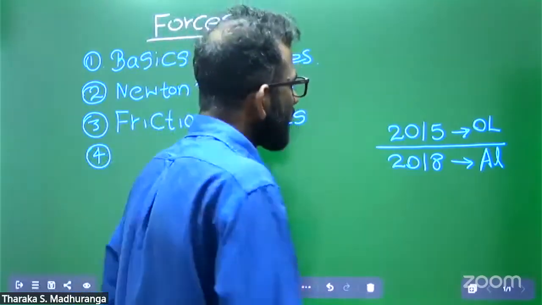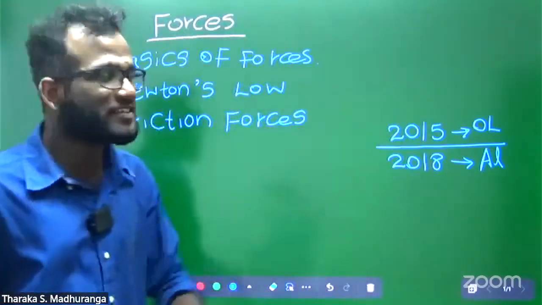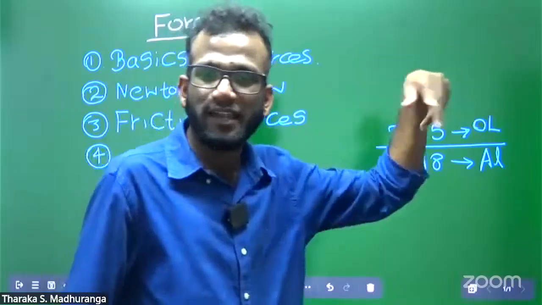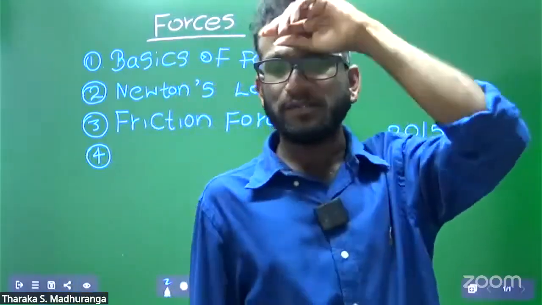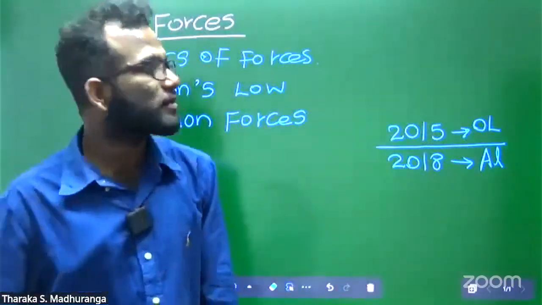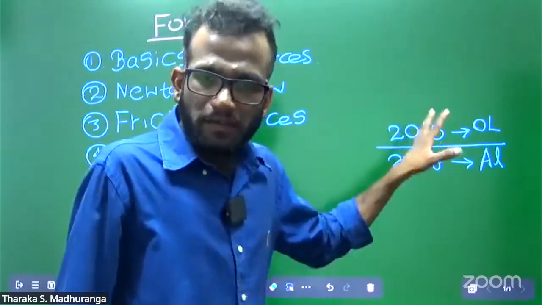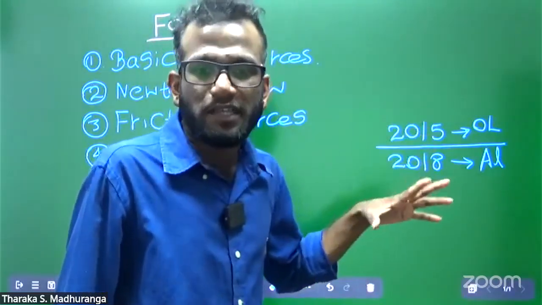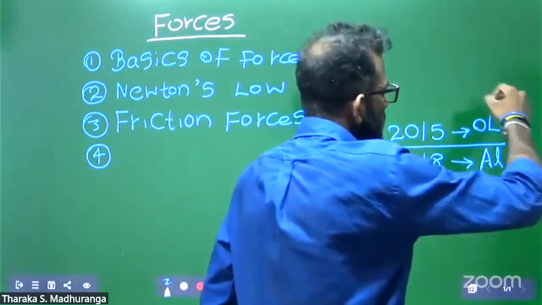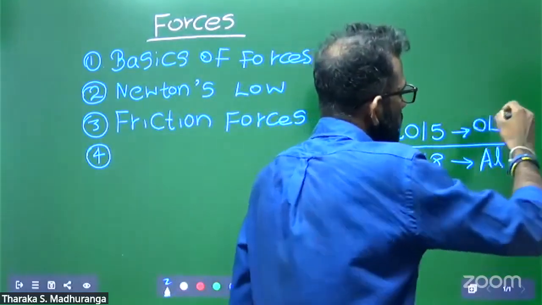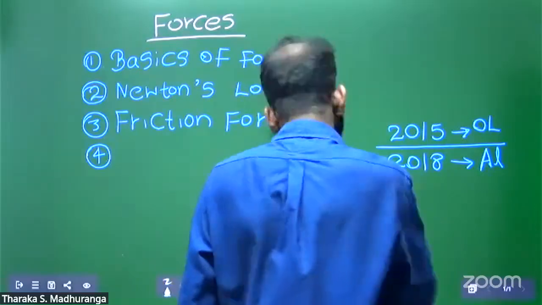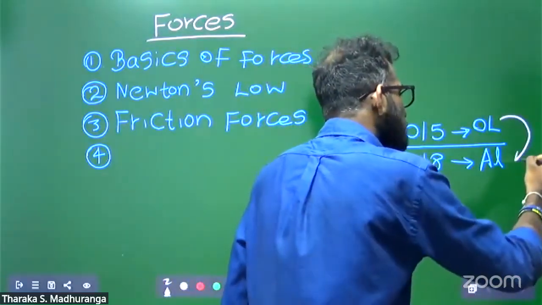Oh, March. Totally different, no? December, then four months late. Okay, these four months we have to cover. Then normally from 2020, when we come to 2027, your A level again comes to August.